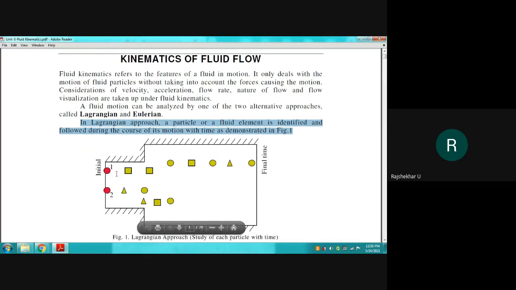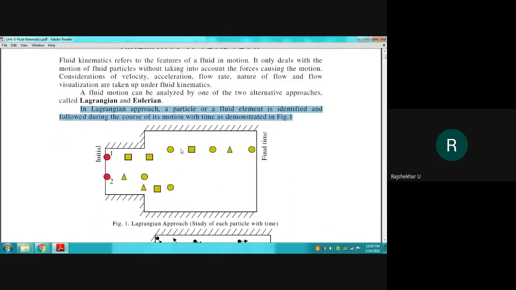You can see here that a particle or a fluid element will be continuously followed during its course of motion. If this is particle 1, it is moving from here to here, and so on. It will be followed throughout.